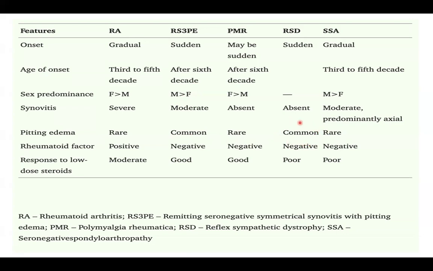But in that condition synovitis will be absent, and the response to low-dose steroid will be very poor. In RS3PE, there is an excellent response to low-dose steroid. And an important thing is that in RS3PE there is absence of rheumatoid factor, hence the term remitting seronegative symmetrical synovitis with pitting edema.